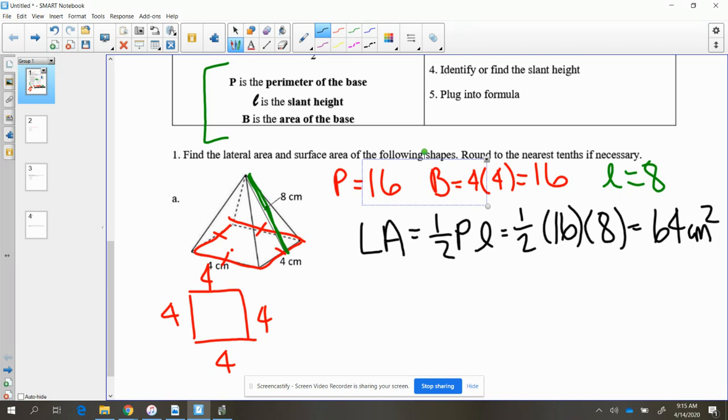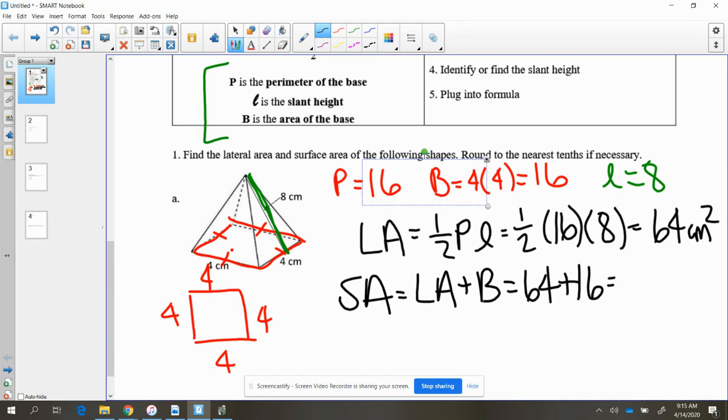And then for our total surface area, it's going to be that lateral area plus the one base that we have area. So in this case, 64 was our lateral area. Area of the base we said is 16. So 64 plus 16, 80 square centimeters. Okay, so here are our two answers.